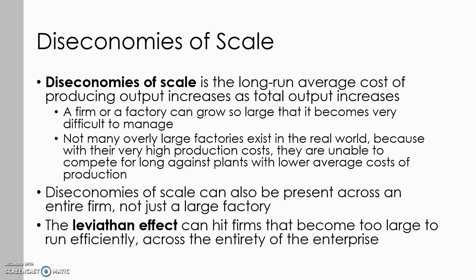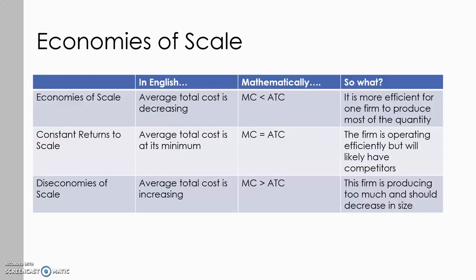So firms can get too big to be manageable. We call this the Leviathan effect. Think, for example, about Amazon, which has so many different outposts that sometimes it can be difficult to have a consistent message coming out from the executives to the little people who are working in their pick and pack lines.